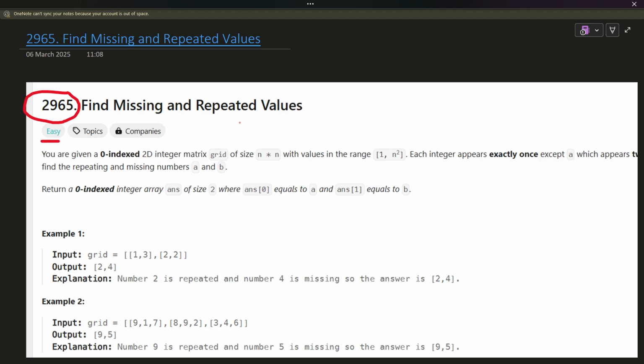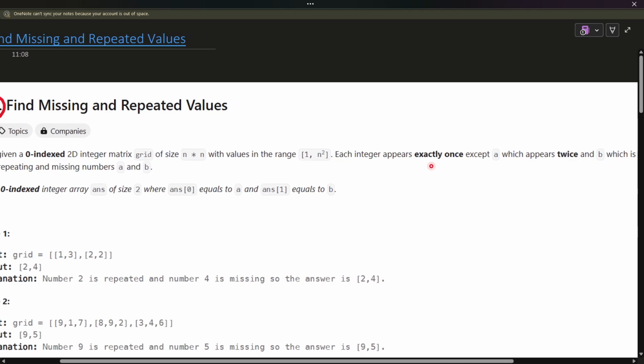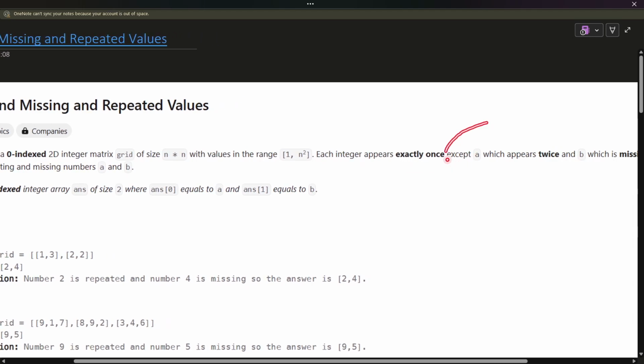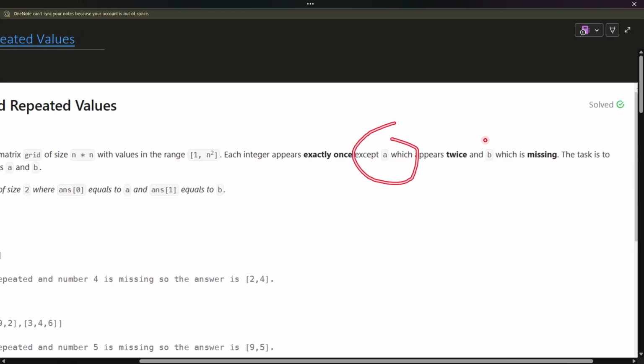Let's read the problem description and understand what it says. You are given a zero-indexed 2D integer matrix grid of size n times n, with values in the range 1 to n squared. Each integer appears exactly once except a, which appears twice, and b, which is missing.